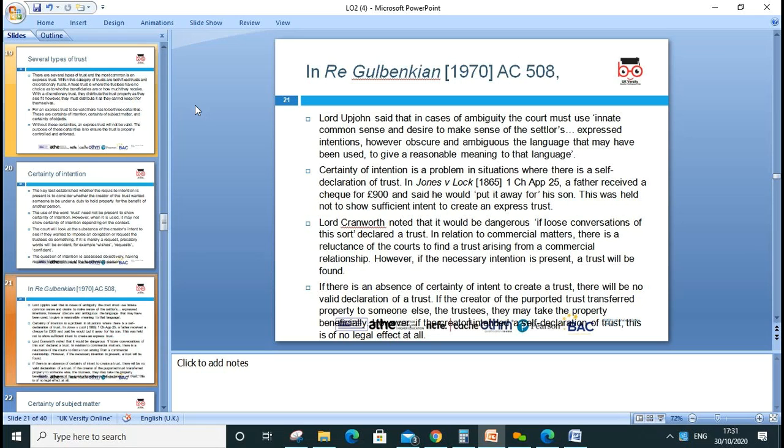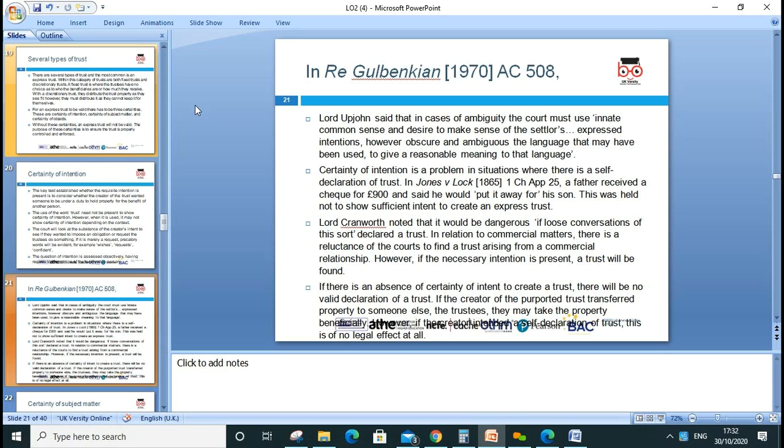Then the Lord noted that it would be dangerous if loose conversation of the sort declared a trust in relation to commercial matters. There is a reluctance of the court to find a trust arising from a commercial relationship. However, if the necessary intention is present, a trust will be found.